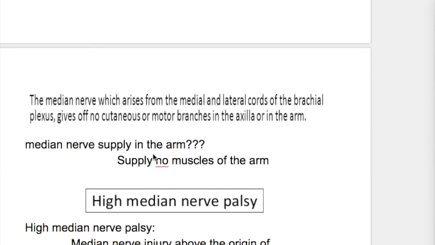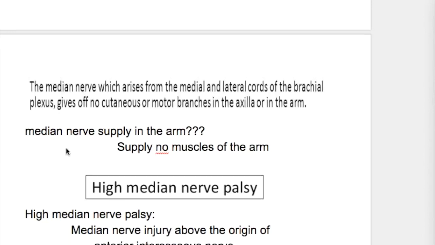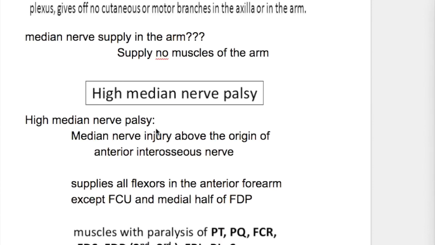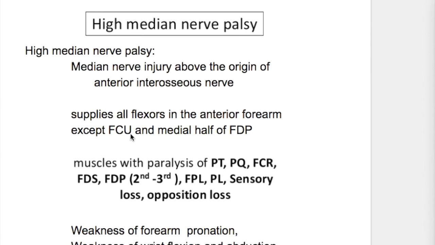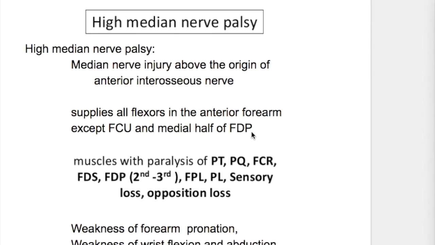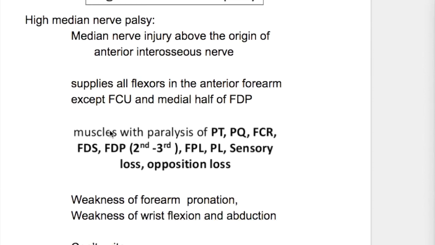Median nerve arises from the medial and lateral cords of the brachial plexus, and which nerves it gives in the arm? Median nerve does not supply muscles in the arm. It supplies the muscles in the forearm. It supplies all the flexors in the anterior forearm except which muscles? Flexor carpi ulnaris and medial half of flexor digitorum profundus, which are supplied by the ulnar nerve.